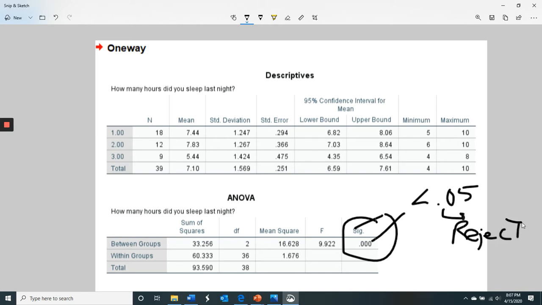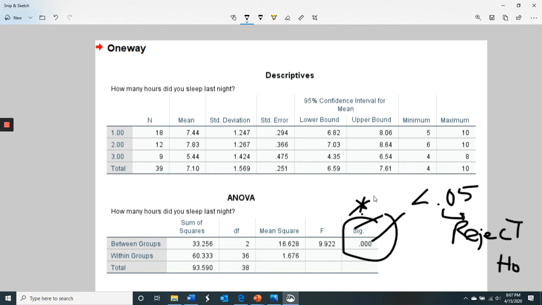So I look at this first. Everything else doesn't really matter in some ways, but you see it's significant. Remember the sig here is actually an appropriate one-tail sig, if you will. There are actually no tails in ANOVAs, to be quite truthful. It's just, are there some differences?